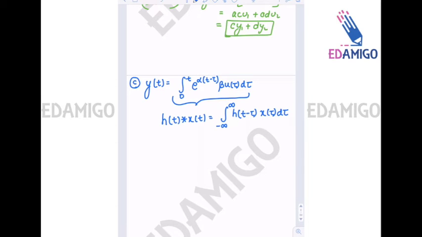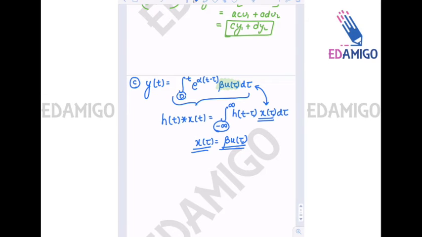Comparing this, we can say that x(tau) is equal to beta u(tau), and because of u(tau), this integration is starting from 0, otherwise it should start from minus infinity. Since x(tau) is beta u(tau) and u(tau) is 0 for tau less than 0, that's why the lower limit is 0.